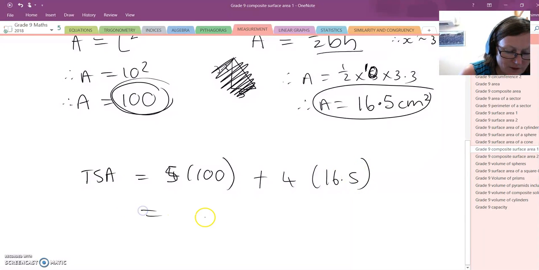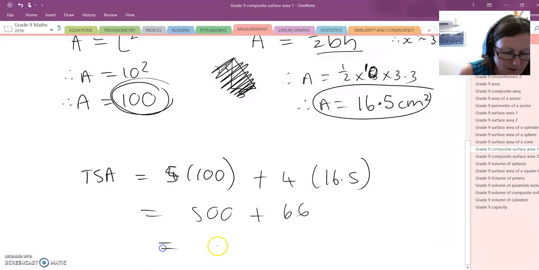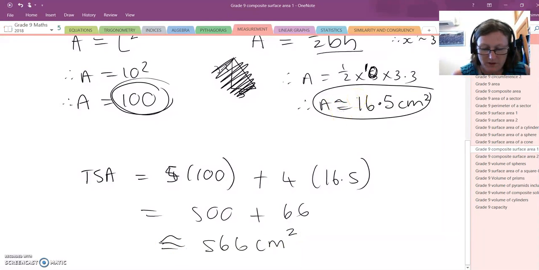So the total surface area is 500 plus 66, which is 566 centimetres squared, approximately, because we have rounded off up here to 1 decimal point.